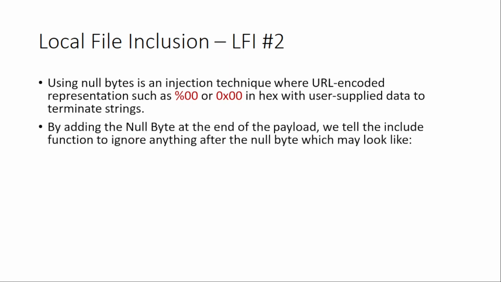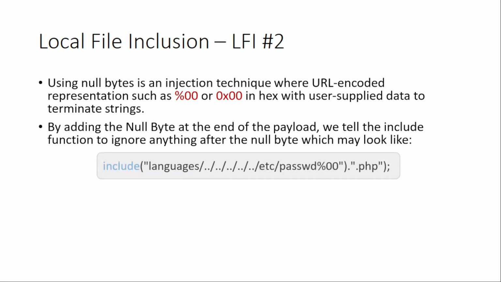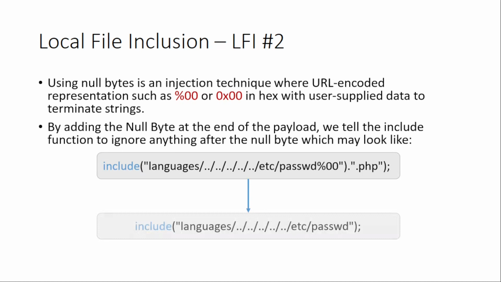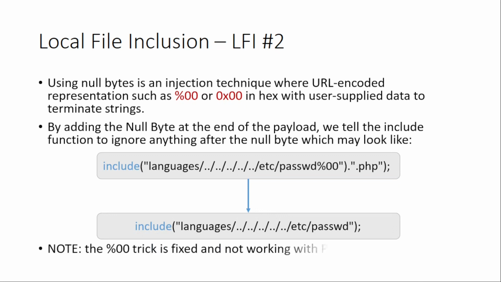So by adding the null byte at the end of the payload, we tell the include function to ignore anything after the null byte, which may look like this, and it is equivalent to this. So as if the .php wasn't there. You have to know this trick is fixed and not working with PHP 5.3.4 and above.